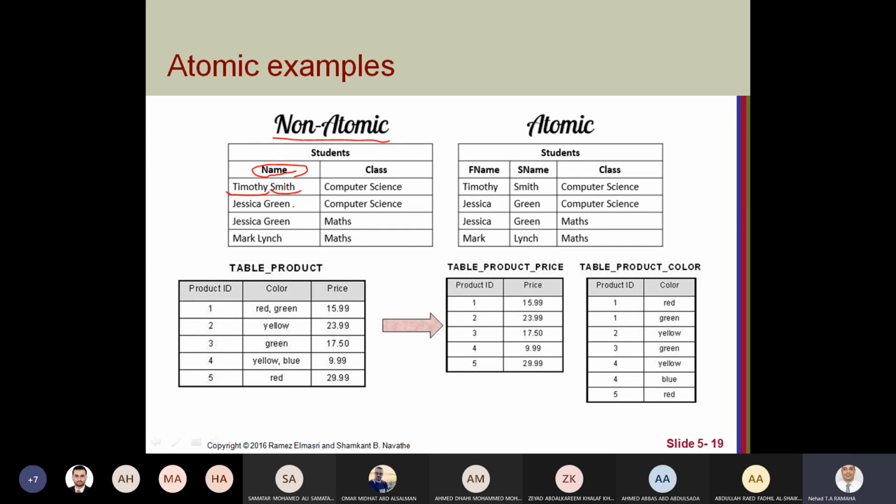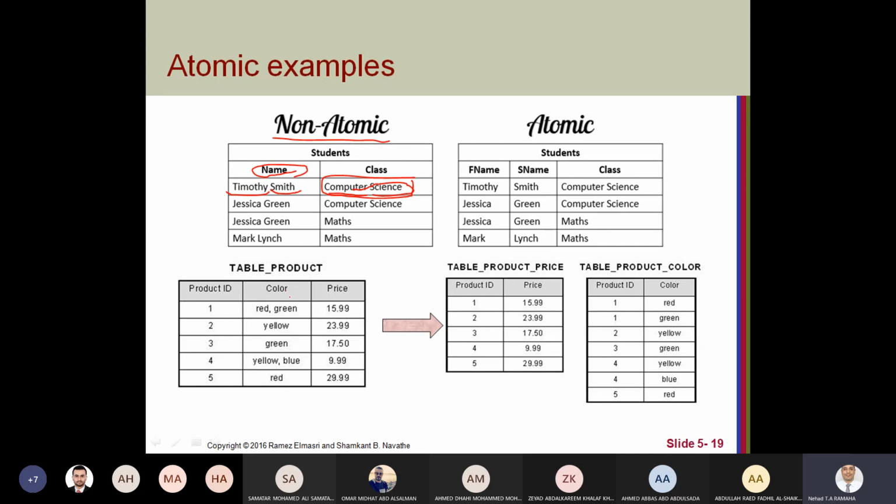But sometimes in some systems, you need to use the first name alone. So this value becomes non-atomic. For example, for classes, computer science is considered atomic. Why? Because it's complete, computer science. You cannot take science alone here and computer alone, because the meaning will be different.